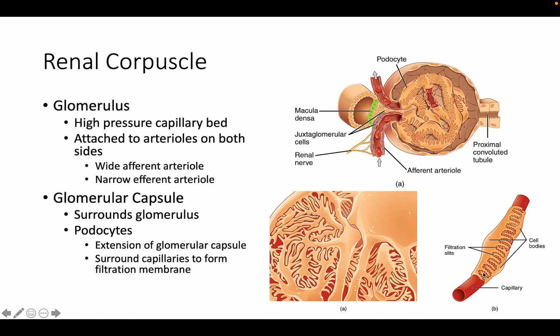Where the capillaries are open with their little slits, these filtration slits on the podocytes meet up and allow filtration to occur. These little slits help prevent passage of blood cells and large proteins, thus filtering blood by particle size. So we can look a little bit closer at this filtration membrane.